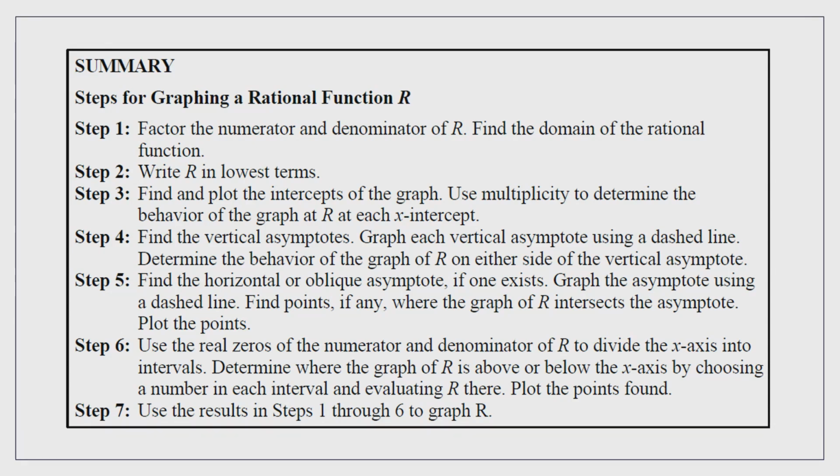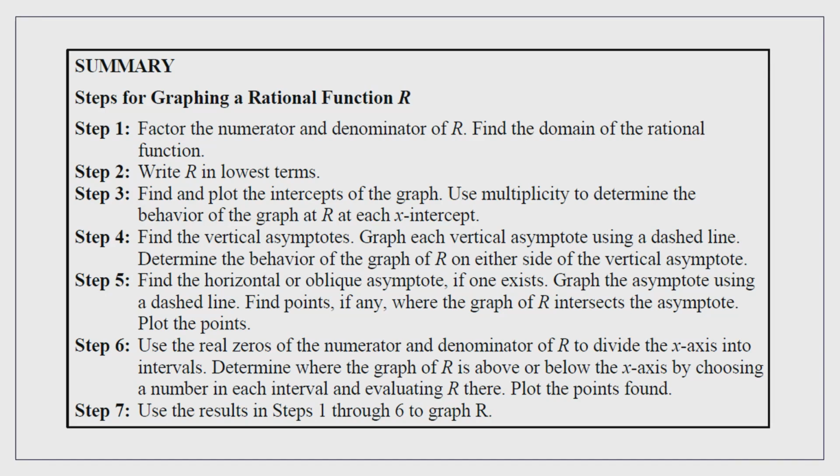This will help you determine where the graph of r is above or below the x-axis when you choose a number in each interval and evaluate r at that number, and then plot those points. Okay, so you'll have a new set of ordered pairs.